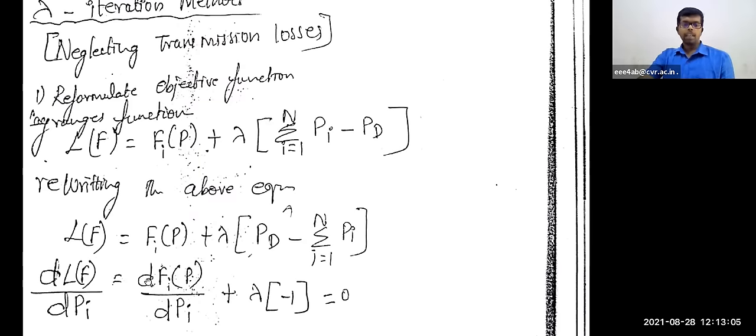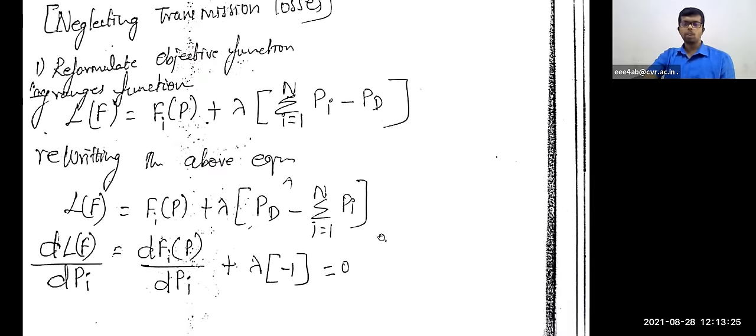So what will come here: dFi of Pi divided by dPi, plus lambda is constant, so this is neglected, minus Pi. If you differentiate Pi, it is 1, so it will come minus 1. That we are equating to 0.